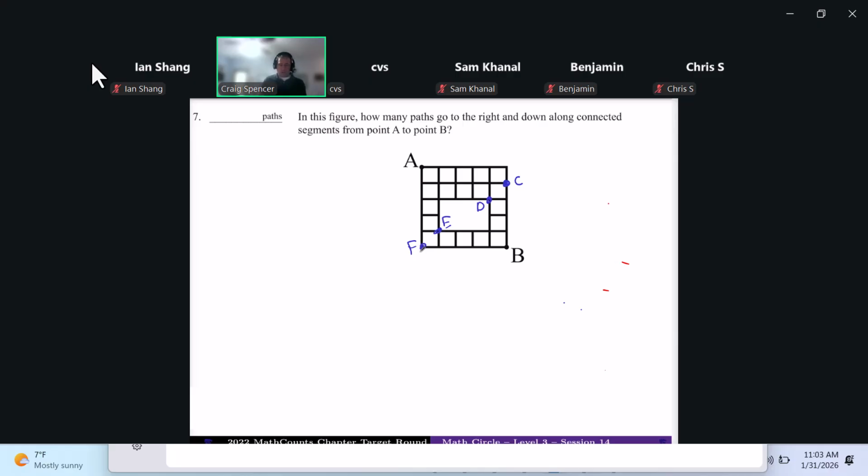Now, of these four things, F is kind of the easiest. If I want to figure out the number of ways going through certain points, F is actually pretty easy, because if I think about F, I'm just going to go all down and then all right.